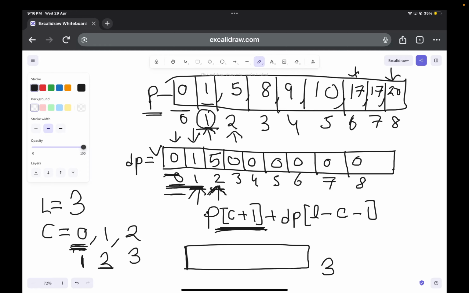If you are cutting 0, what is left out? 3 left out. Okay, what is the price of that 3? Price of the 3 is 8 rupees. Okay, this is for 0. If you are cutting 1, what is the price of this 1? 1. And what is the price of remaining 2 length?